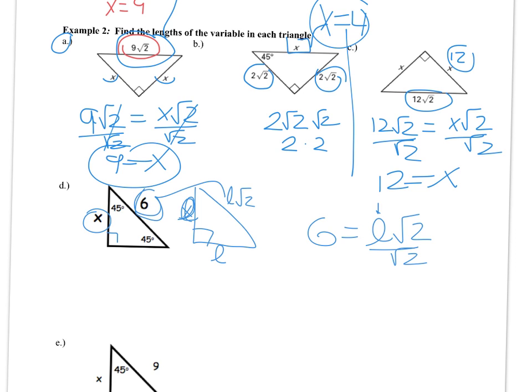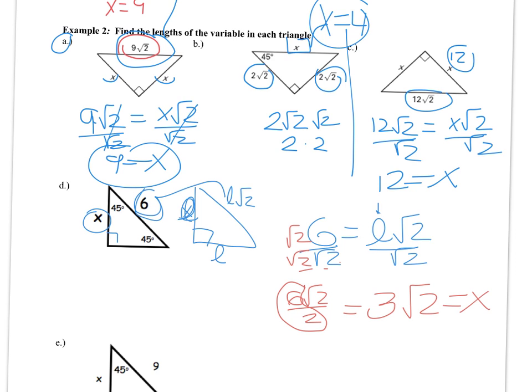So I'm dividing by radical 2. We can't leave a radical in the denominator. We have to rationalize it by multiplying the top and the bottom by radical 2. That would give me 6 radical 2 on top, and on the bottom, just plain 2. And that's going to simplify. The 6 over 2 simplifies to 3 radical 2. That is going to be my x.